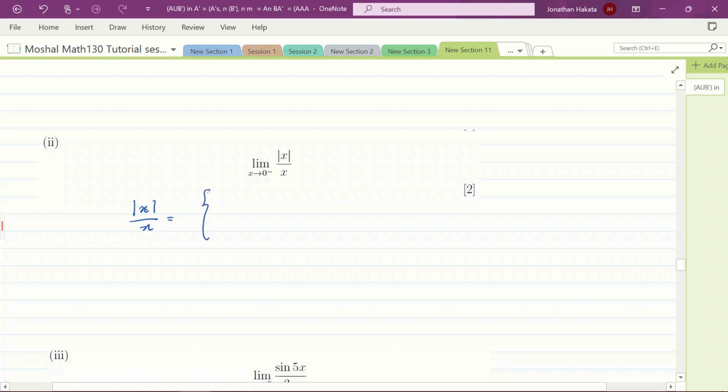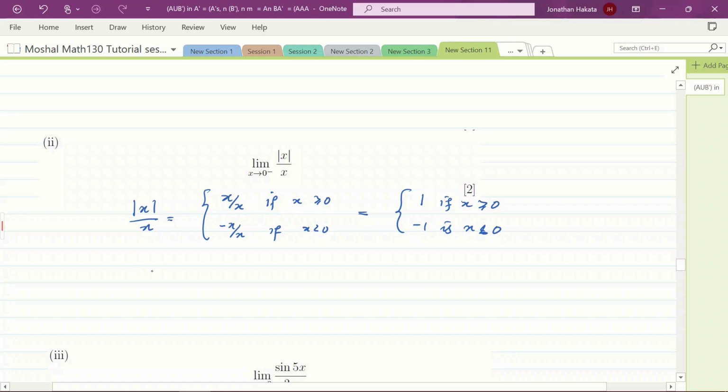If we take the positive value of x, then it will be x over x if x is greater than or equal to 0, and we'll take negative x over x if x is less than 0. So this is just the same as 1 if x is greater than or equal to 0, and negative 1 if x is less than 0.